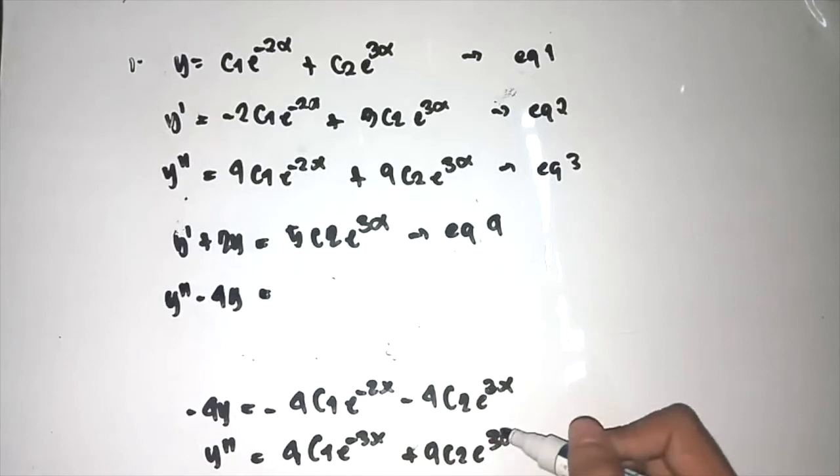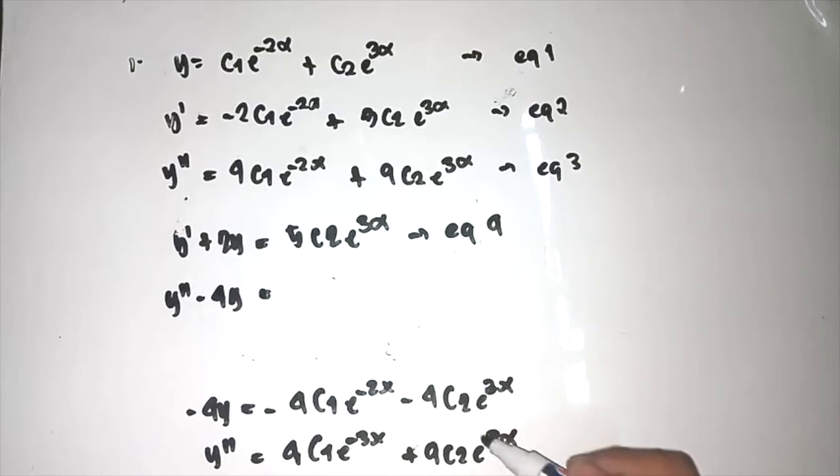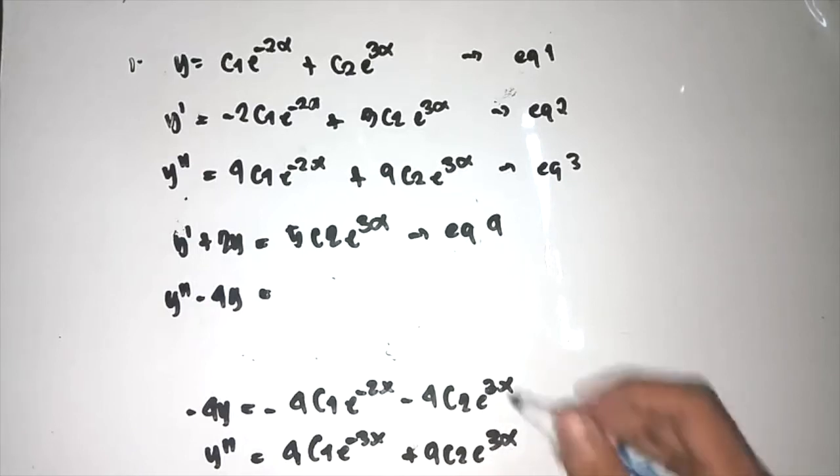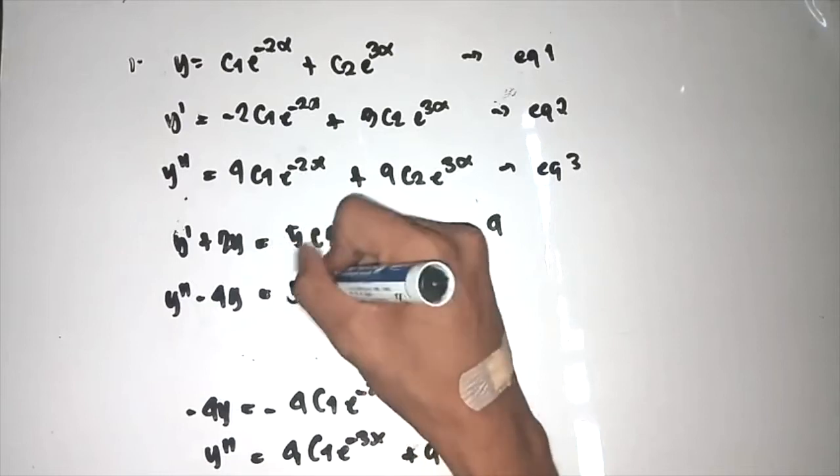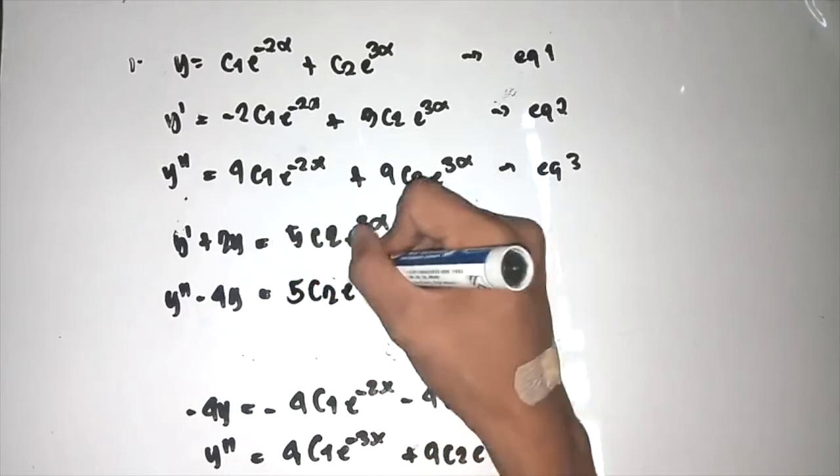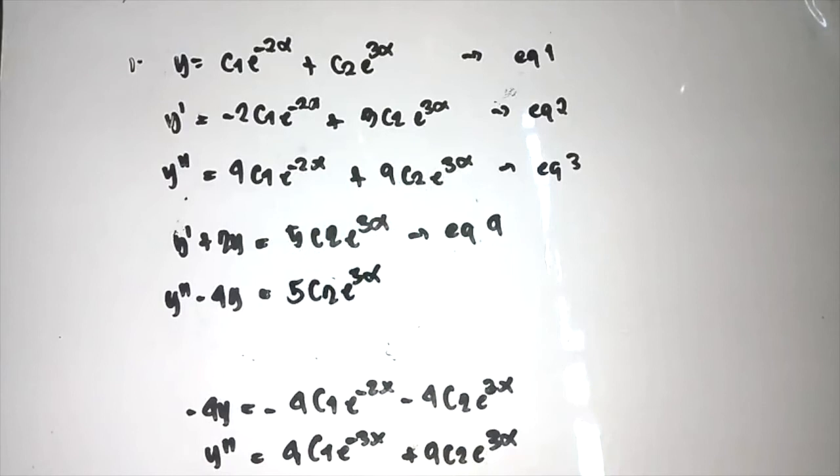So I will subtract negative 4 to 9. Yes, I will subtract 9 to 4. So this will become 9 minus 4 equal to 5c2 e raised to 3x.